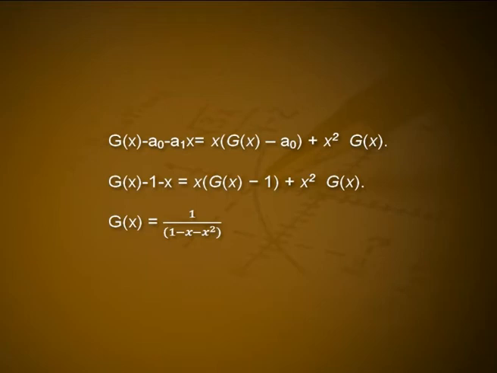That is, g(x) - 1 - x = x(g(x) - 1) + x^2 g(x). This leads to g(x) = 1/(1 - x - x^2). It remains to expand g(x) into a power series so that we can identify a_n.